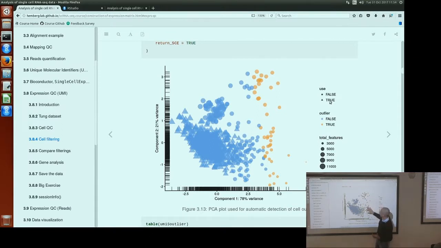Then there are these cells. Probably it should take these cells into account as well, but the algorithm only defined those ones. So if you don't want to do that manually, with all these plots that we plotted and looked at, you can run this function, and Scater will do it for you. But this is all unsupervised, so you cannot be sure what happened here.